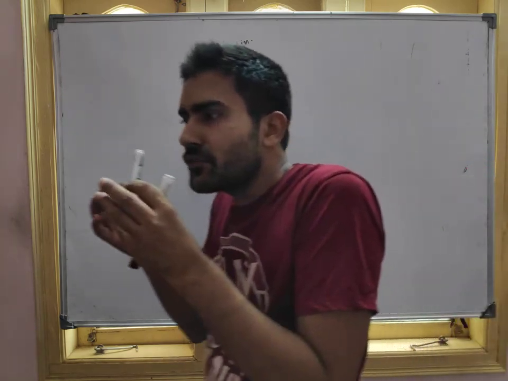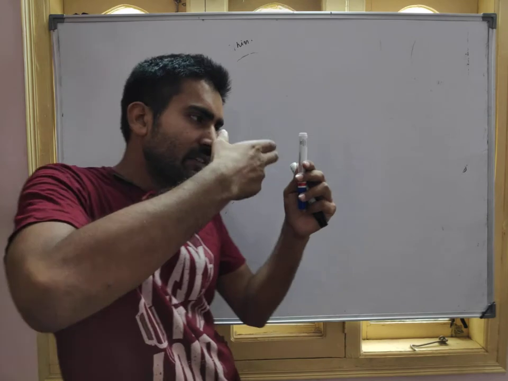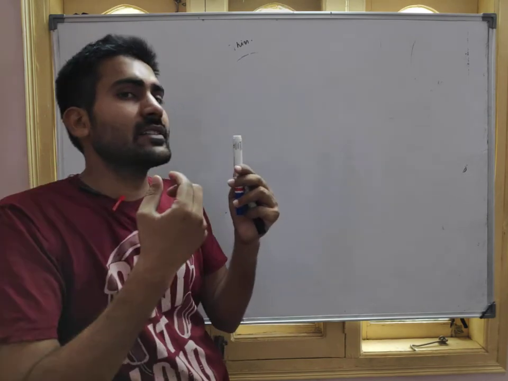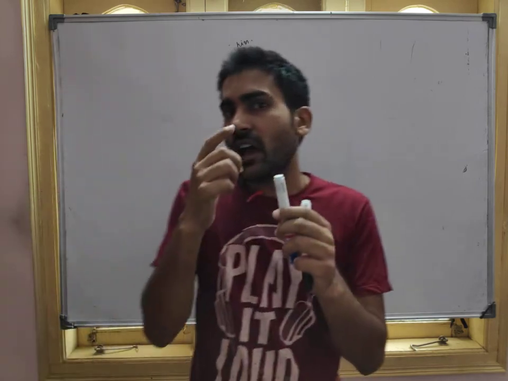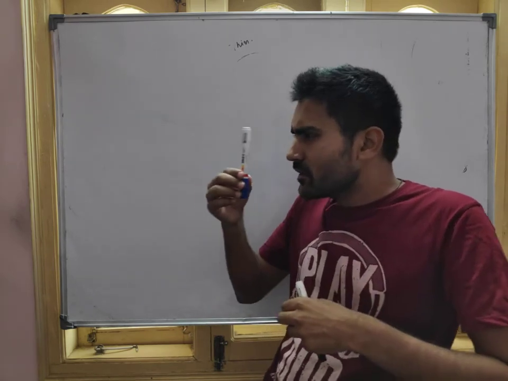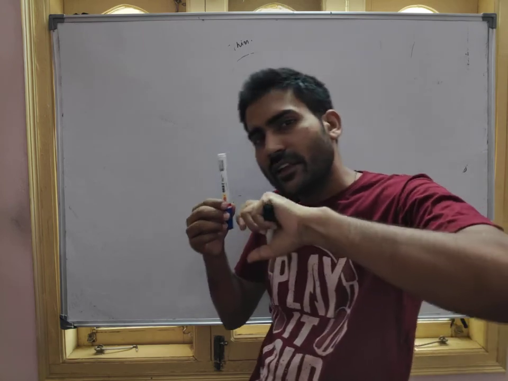It means there is a limit of the eyes up to which it can see the image. When it is coming very near to our eyes, there is a limit up to which we can see the image. But as you take it nearer or even nearer, that image will vanish.